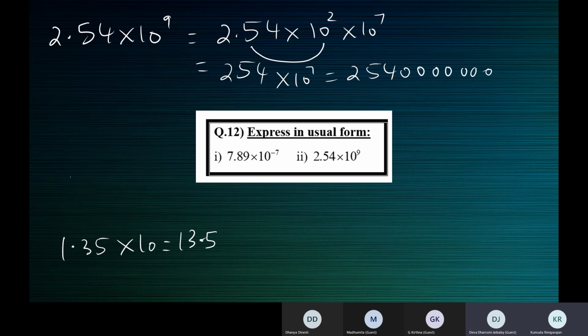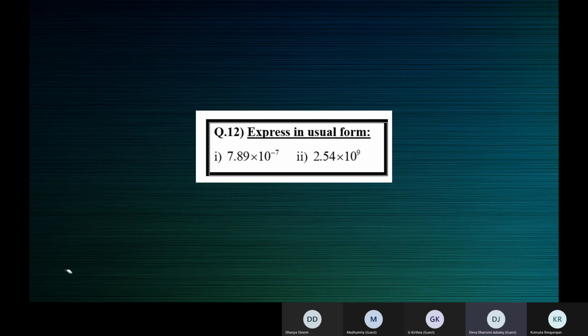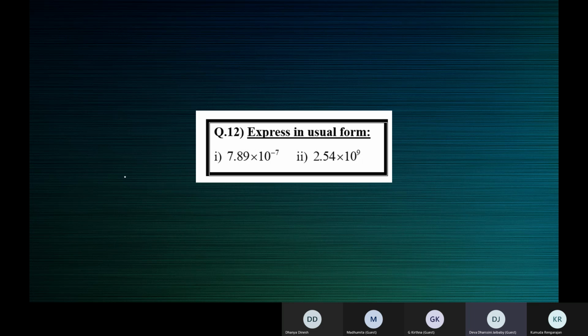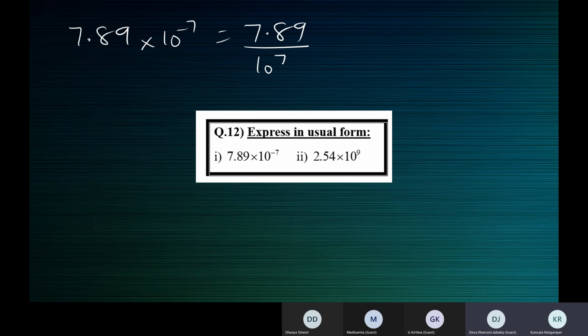But when it's a negative power, it's like you're dividing. When you have 7.89 into 10 to the power minus 7, it's like you're dividing 7.89 by 10 to the power 7, by 1 followed by 7 zeros.